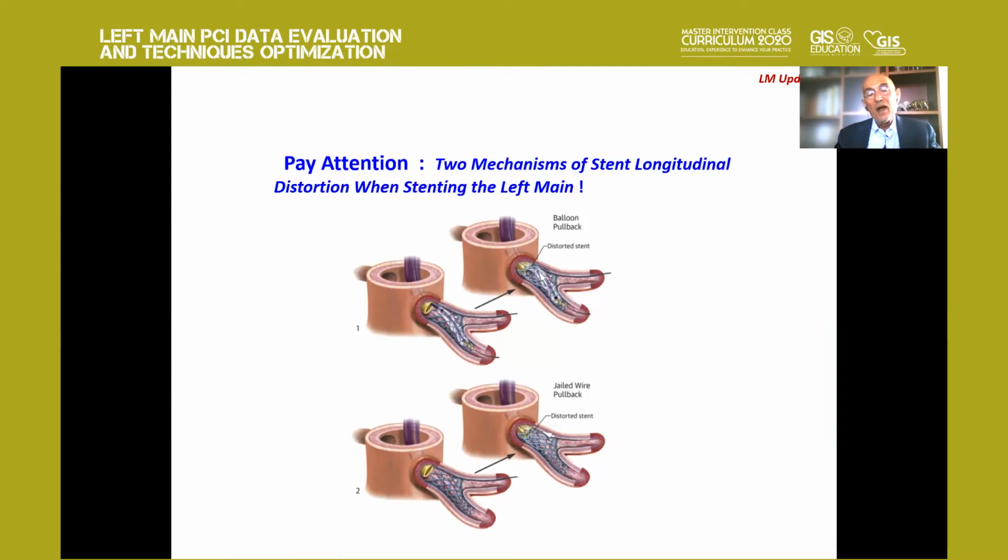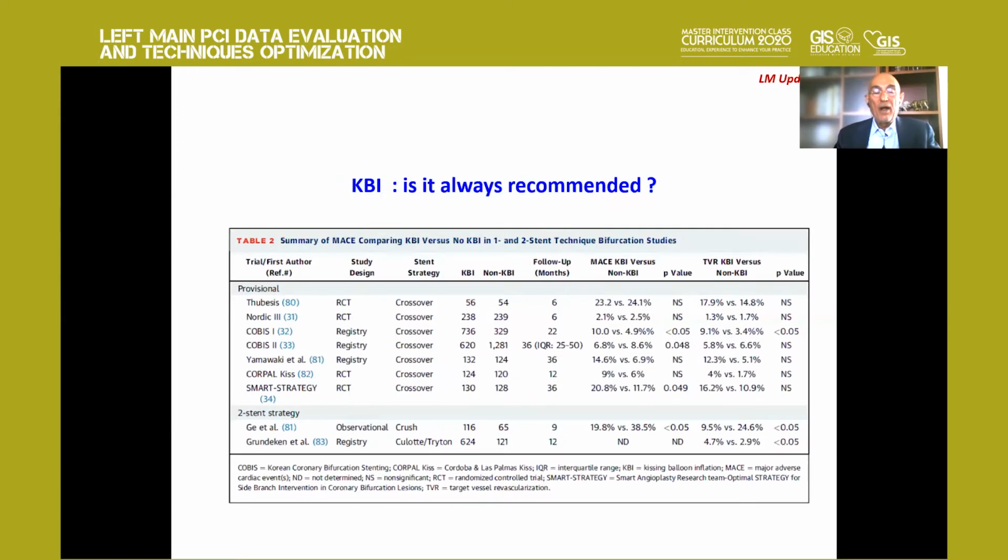This can happen by sucking the guiding catheter when you are retrieving your balloon after stent deployment, or if you are jailing a wire and retrieving the jailed wire, then the guiding catheter can be sucked into the left main and can crush the stent. This can of course compromise the outcome, and it is not always easy to correct this situation.